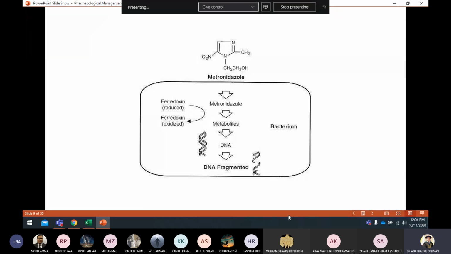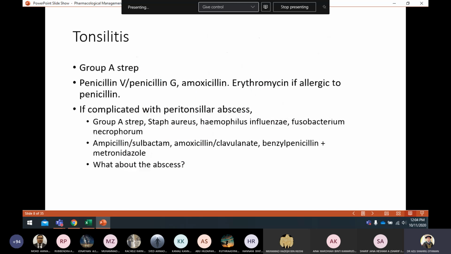And this is the reason why it is able to act in anaerobic bacteria. Don't worry too much about this. This one is nice to know, not need to know. The need to know thing is the mechanism of action, which is DNA fragmentation. So that's metronidazole. The other antibiotics are perhaps a little bit more familiar.